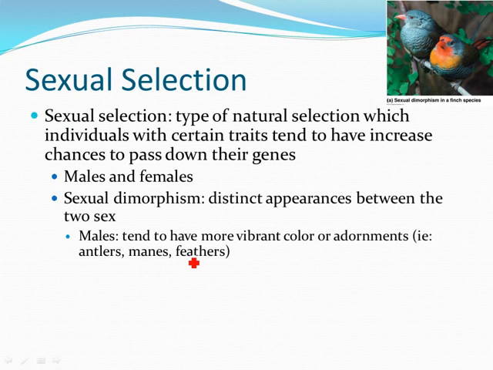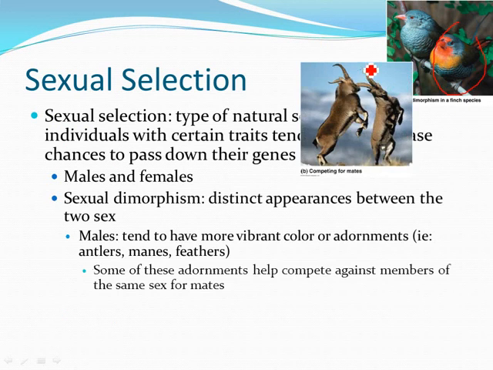Males tend to have more vibrant color or adornments, like antlers or manes or feathers. These adornments may help them compete with other males for potential mates.